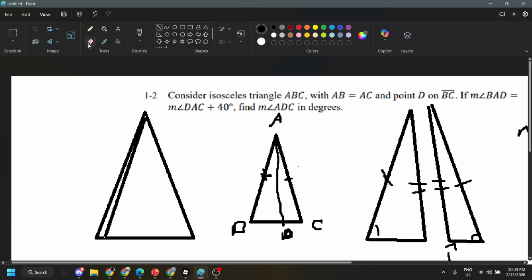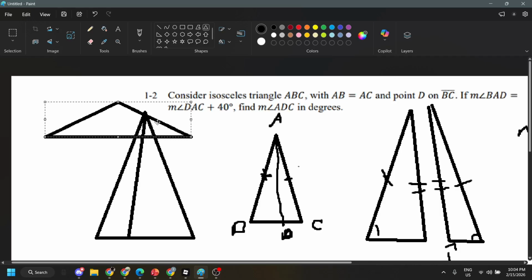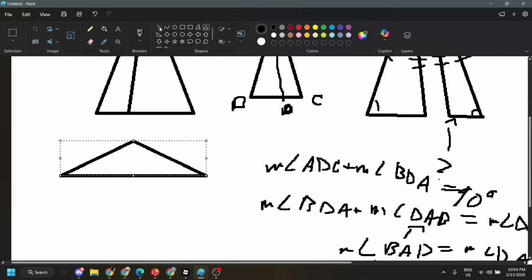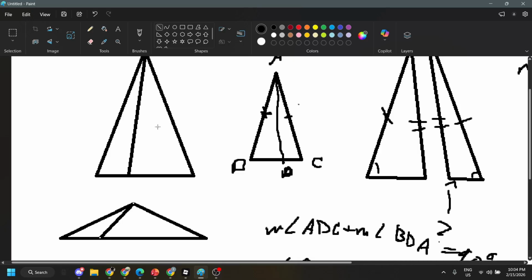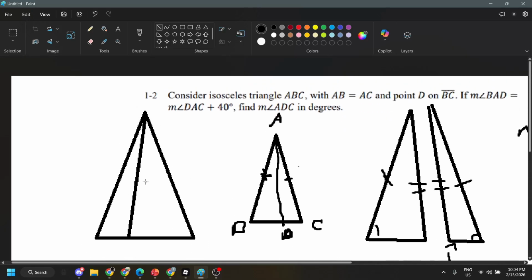But this can be like this, or it can be like this. Very wide. And there can still be plus 40. Can't it? This plus 40 equals this. This plus 40 equals this.